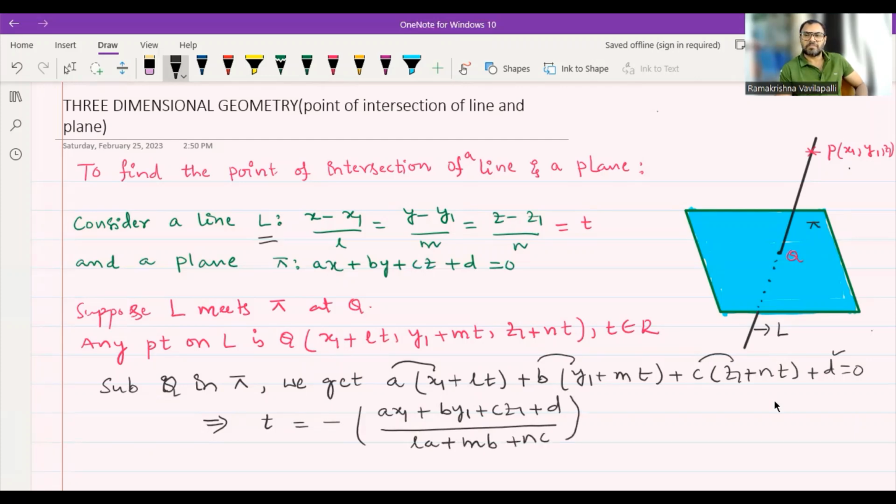This is the value of t which we got after substituting the general point in the plane. Now substitute this value of t in Q, and there ends the matter. We got the point of intersection of the line and the plane.